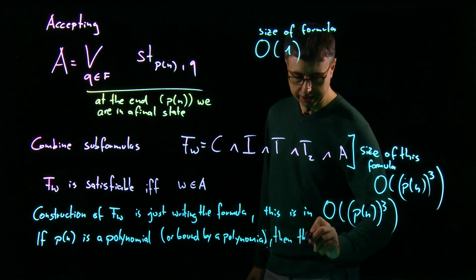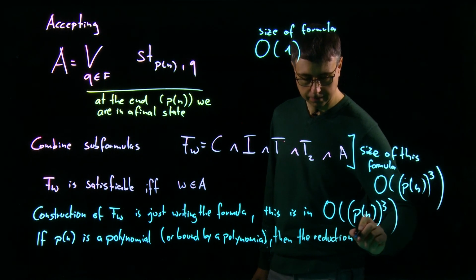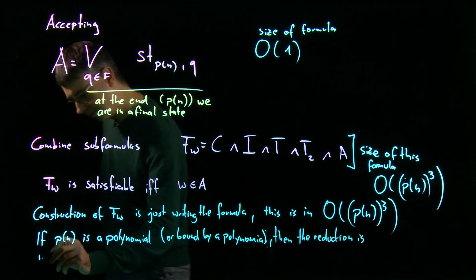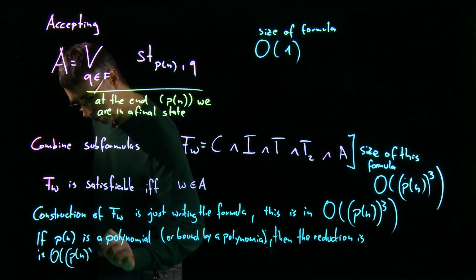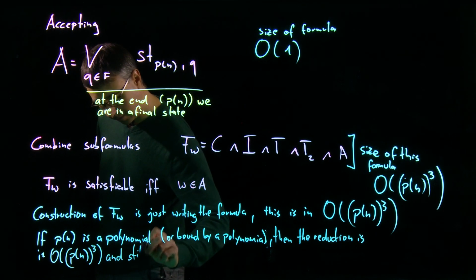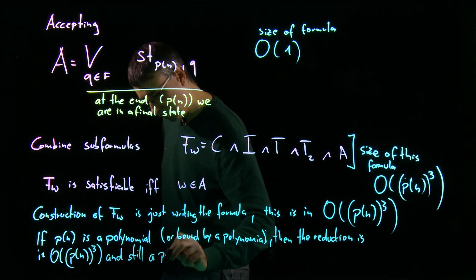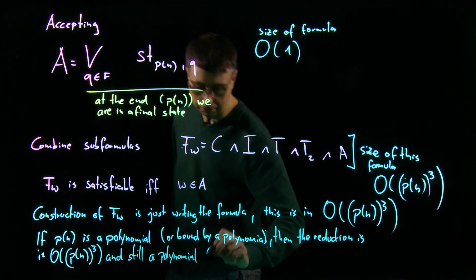Then the reduction is in O of p of n to the power of 3, and still a polynomial.